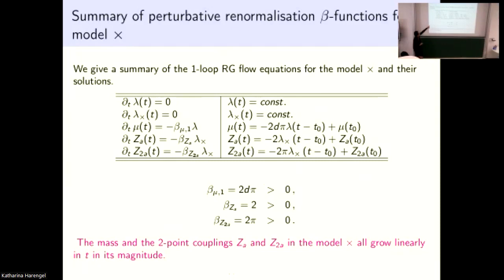The left-hand side is the differential equation, and on the right-hand side you integrate. Again, in this model, both phi4 couplings, enhanced or not enhanced, are actually constant. Only the 2-point functions have renormalization, and they all grow linearly in T, and are also negative.